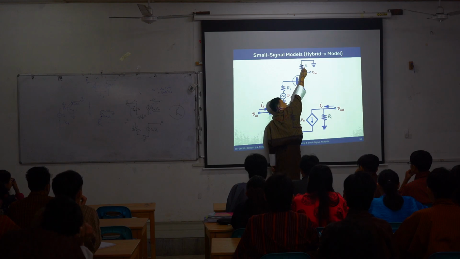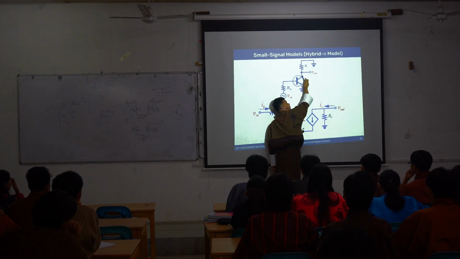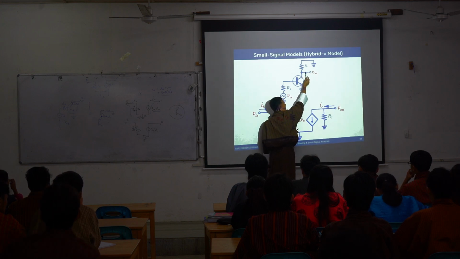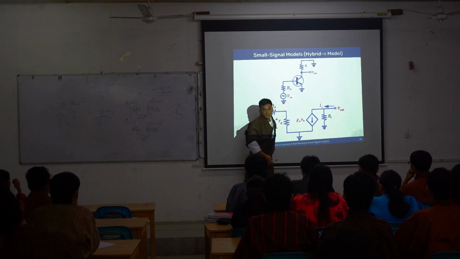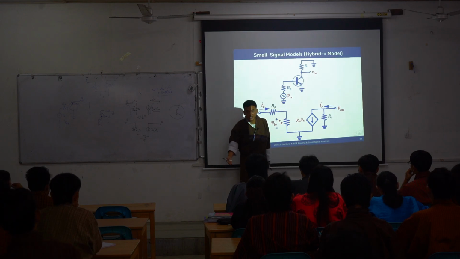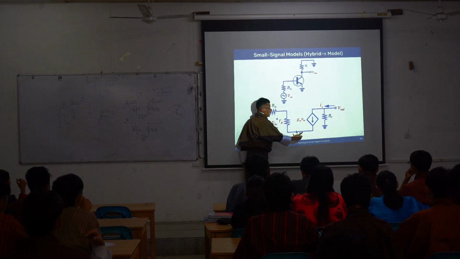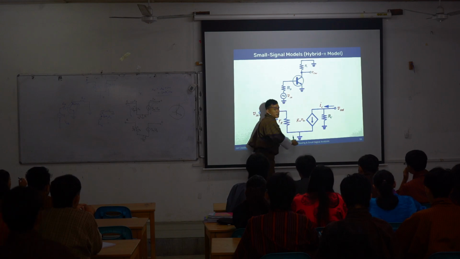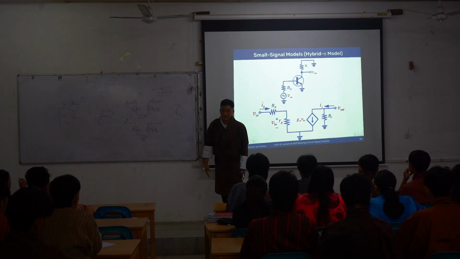If one current is coming from this point, part of the current will go there, part will go there. That means these connections are all parallel. Because of this, when you represent it over here, your RC is represented as parallel to your current source.